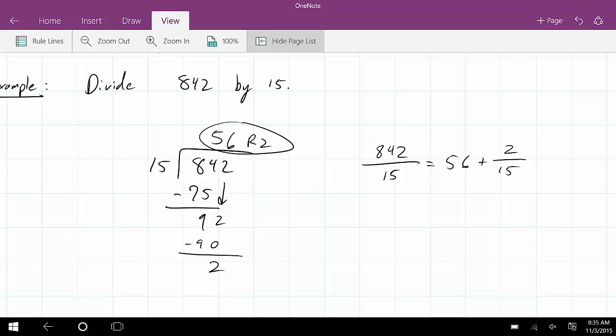Now, alternatively, you could multiply both sides by 15, in which case you would have 842 is equal to 56 times 15 plus 2.